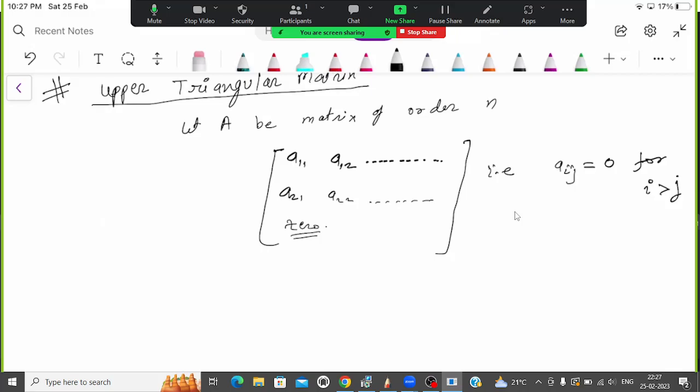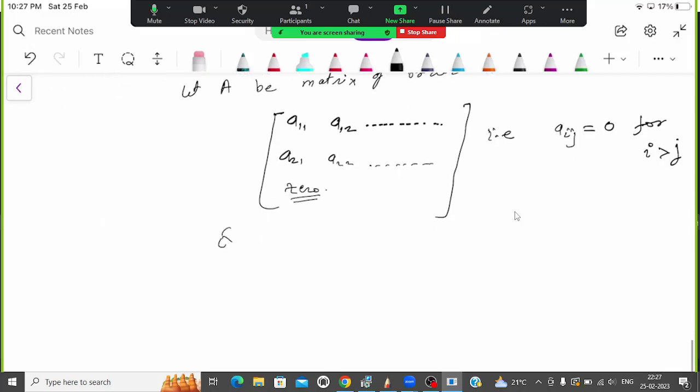Means upper triangular matrices. See the example: this is the example of an upper triangular matrix. The elements are 1 4 5, 0 7 8, and 0 0 6.